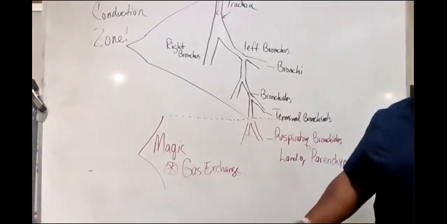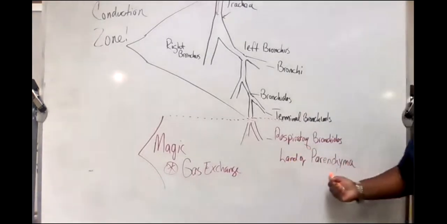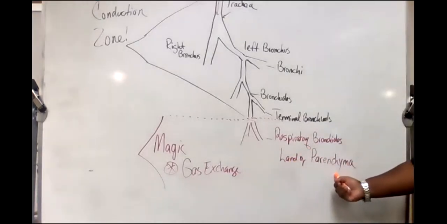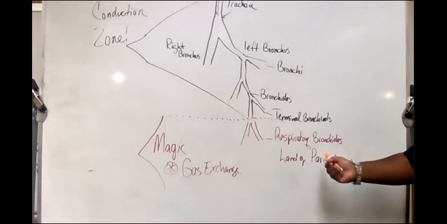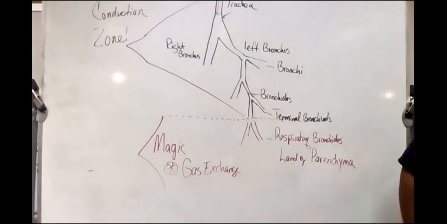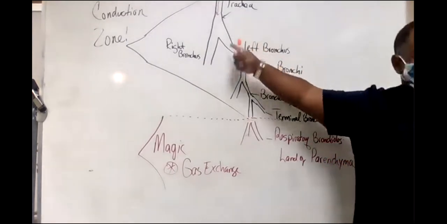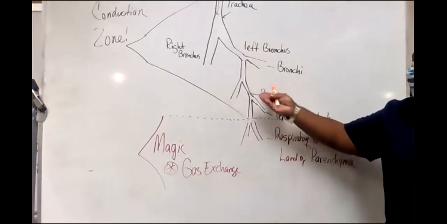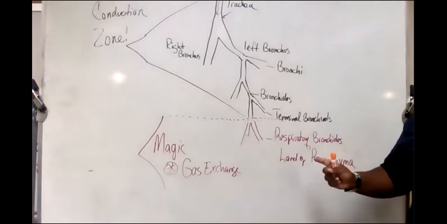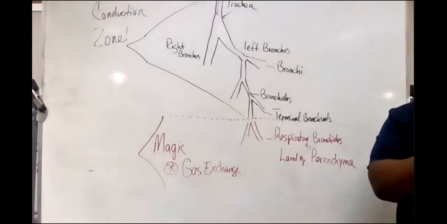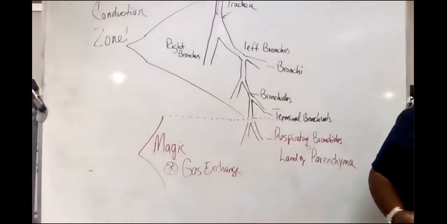It steps off into the land of the what? Parenchyma, which is also known as the respiratory bronchioles. This is where we start to find the alveoli. The little air sacs are not on any of the other airway parts. It's only in the respiratory bronchioles that we start to see alveolar clusters start to form.